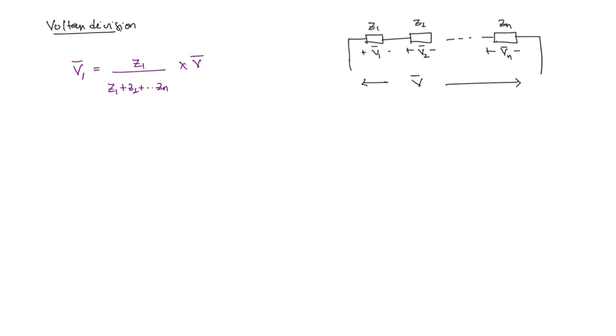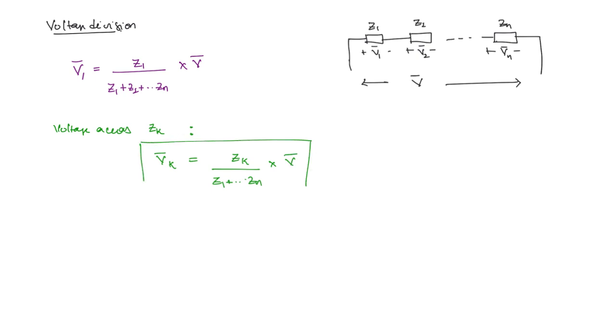Now in general, if you take any impedance, that means the voltage across Zk, what will it be? Vk bar is equal to that impedance Zk divided by the sum of all the impedances into the total voltage.